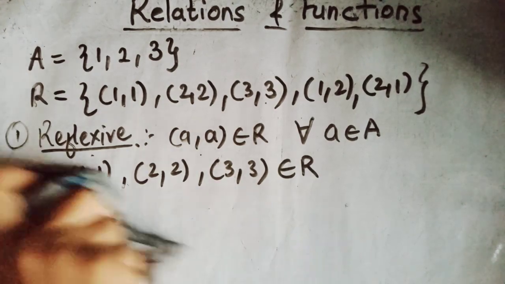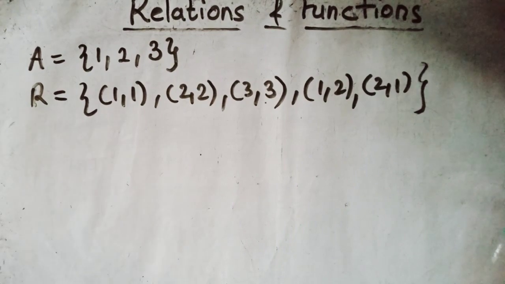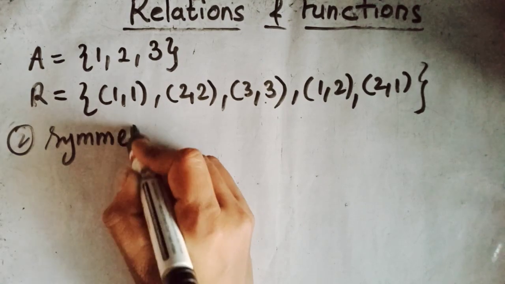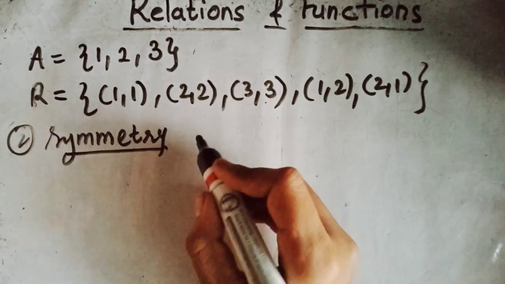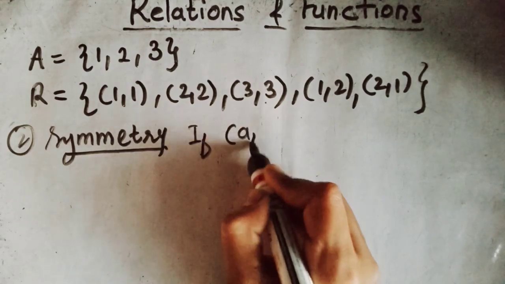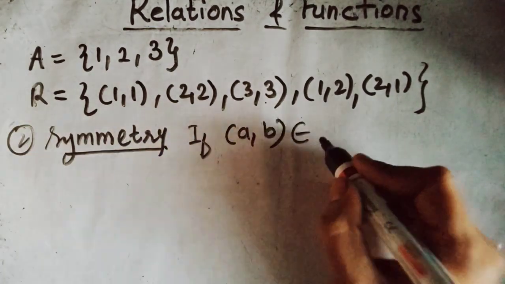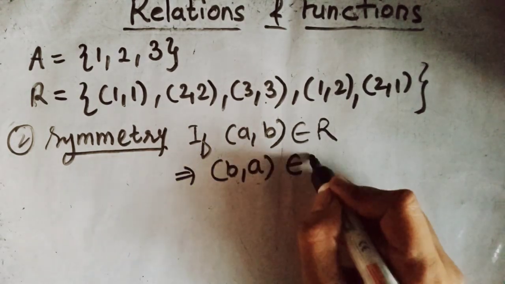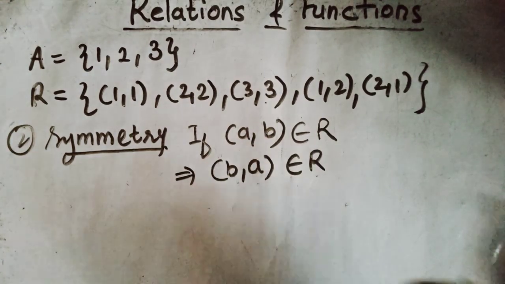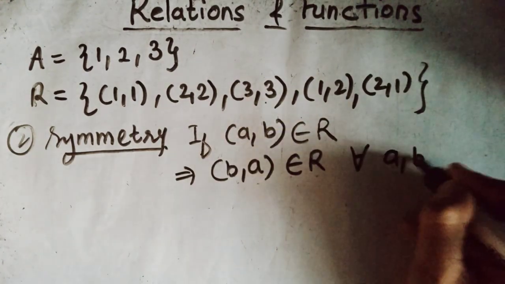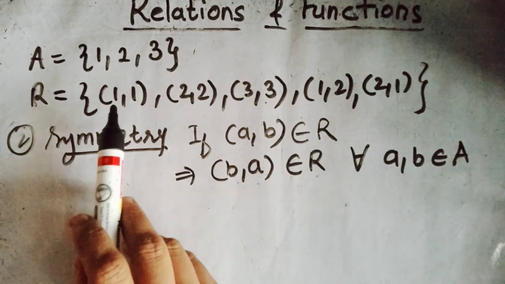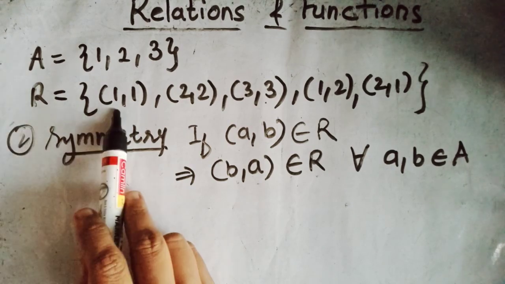Then the second condition is for symmetric. Here if (a, b), any one element from R we are taking, then (b, a) belongs to R. That is, its symmetric element belongs to R for all a and b belonging to A. So now you have to look out for every element of R and its symmetric element.